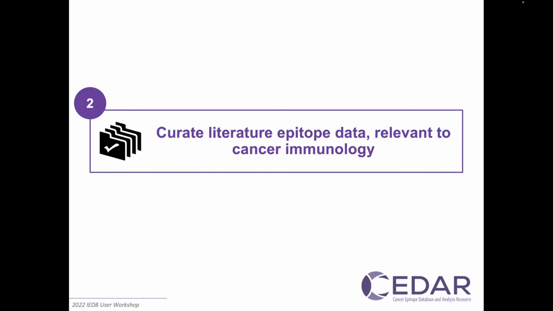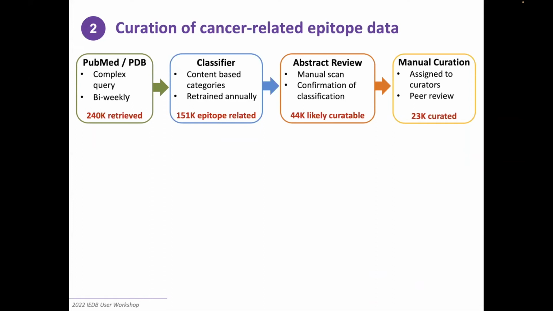So where do we stand in terms of curation of the data? Here we follow again the footsteps of the IEDB. As you may recall, I showed this slide also yesterday, there's a process by which there is a first very broad query that captures anything that is epitope related, whether it's cancer or not.